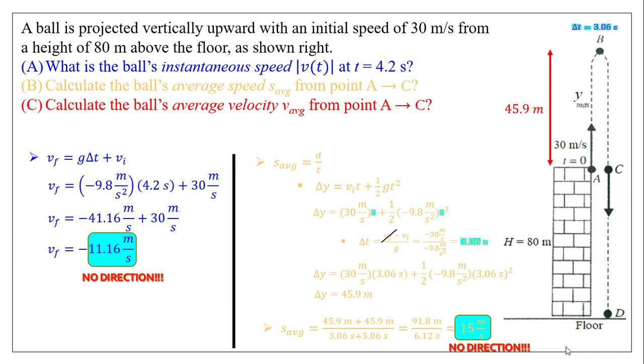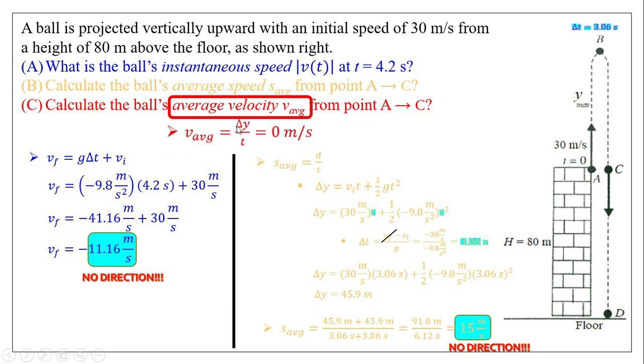Part C, I'm not going to do any work here, okay? Part C asks for the average velocity from point A to C. If you kept up pretty much this semester for kinematics, point A and point C are at the same position. By definition, average velocity is change in position over time, aka your displacement.